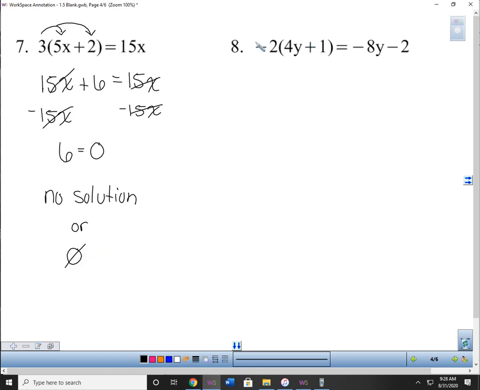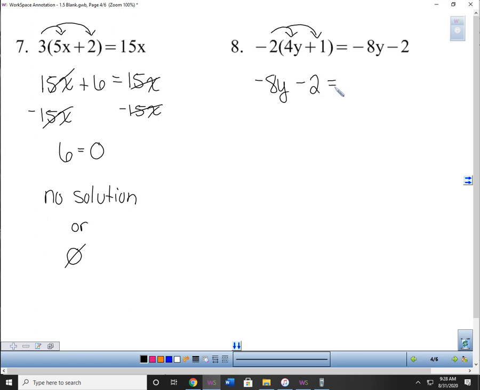All right, so let's look at number 8. I'm first going to have to distribute this negative 2. So negative 2 times 4y is negative 8y. And negative 2 times 1 is negative 2.